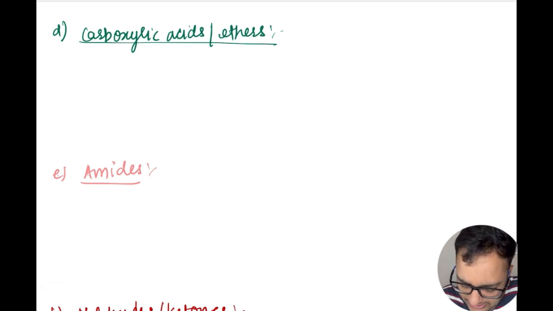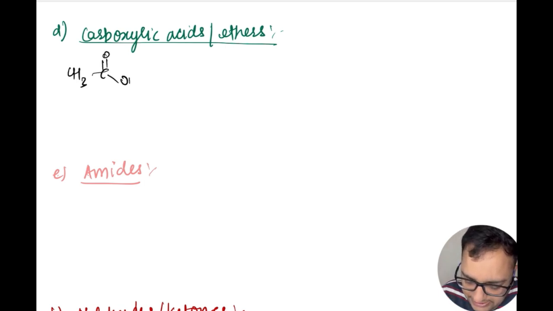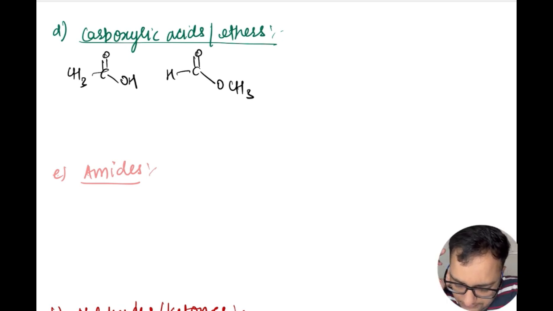Next is carboxylic acid and ester. First we have CH3C double bond O OH. This is an acid, and this is, let me correct it, not ether.